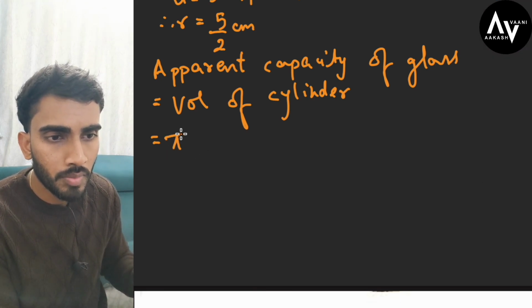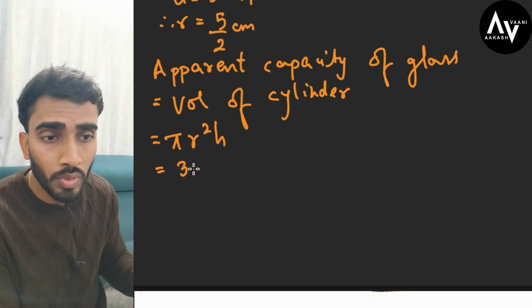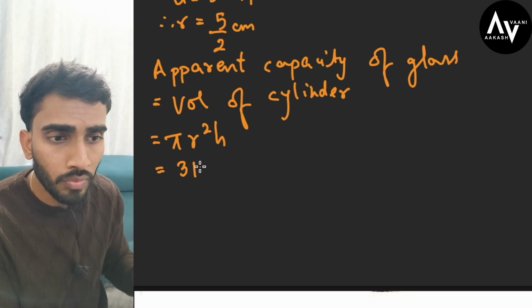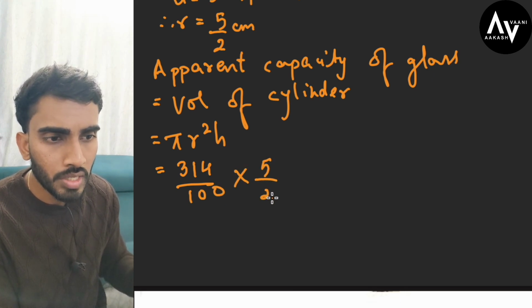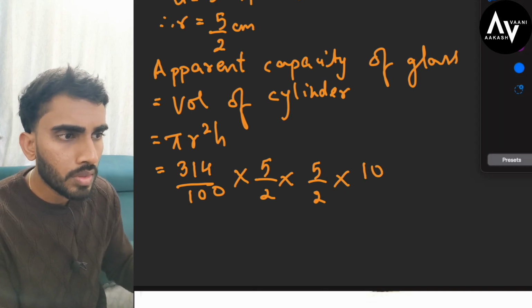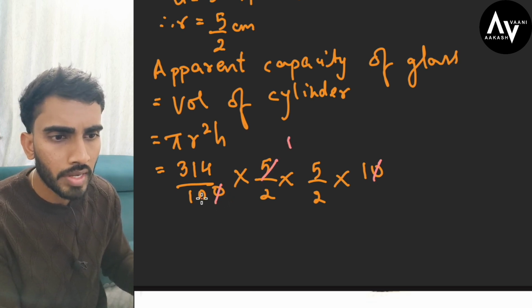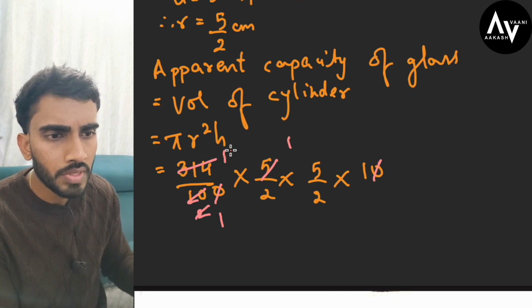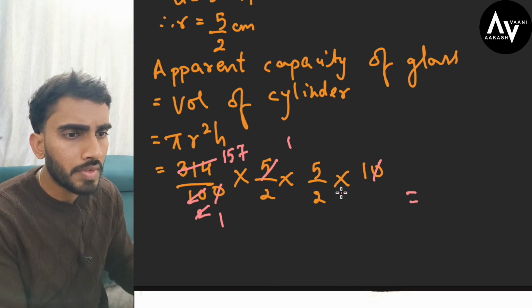So let us apply pi r square h and put the value of pi as 3.14, and when we remove the decimal it becomes 314 upon 100 into 5 by 2 into 5 by 2 into 10. As a result, this 0 and this 0 got cancelled. 5 ones are 5, 5 twos are 10, 2 ones are 2, 2 fifty-sevens are... So we have here 157 into 5.